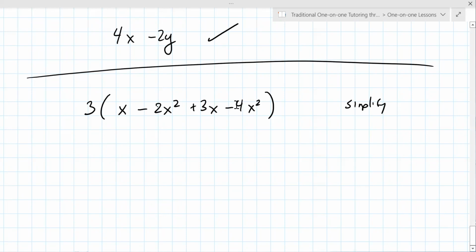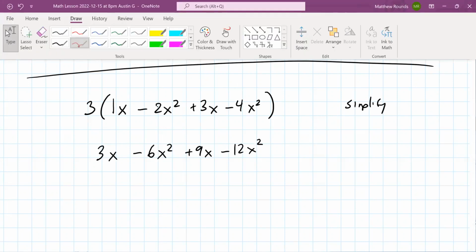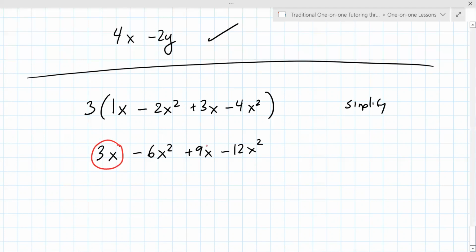Now, did you distribute first? Yeah. Okay, so that's 3x minus 6x squared plus 9x minus 12x squared. Did you write that down? Yes. Now, one of the things that I think maybe is unclear is that 3x and 9x can be combined, 3x plus 9x, and the reason is because they only have x to the power of 1.